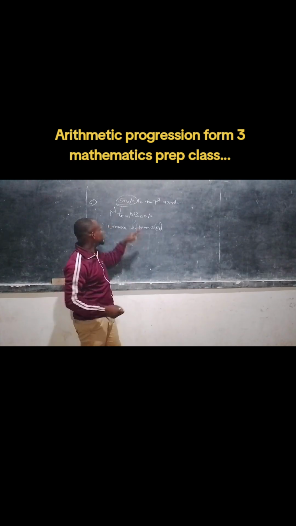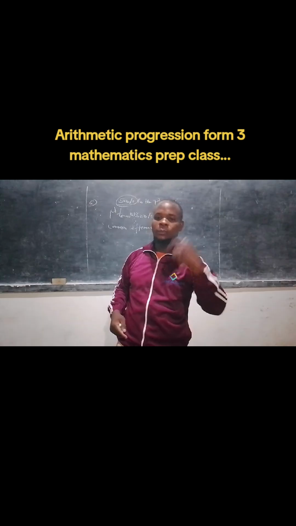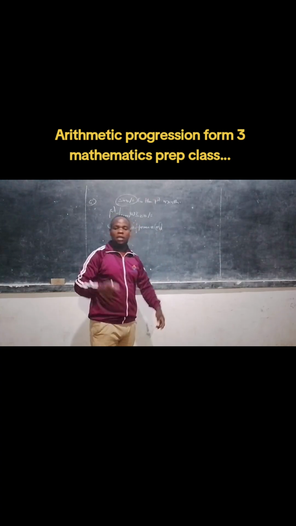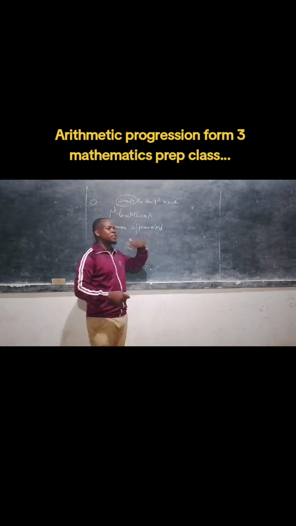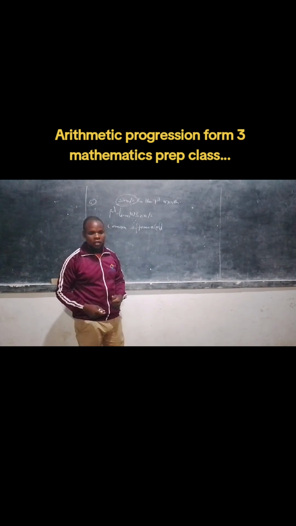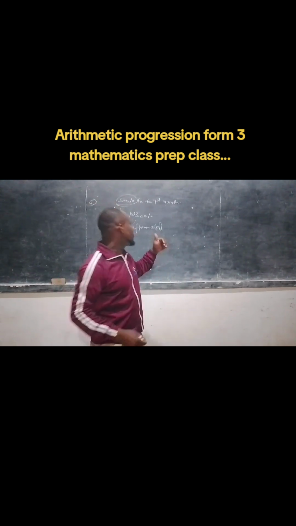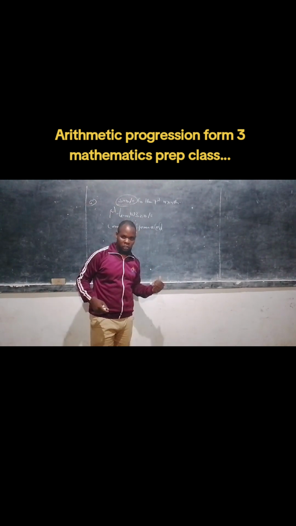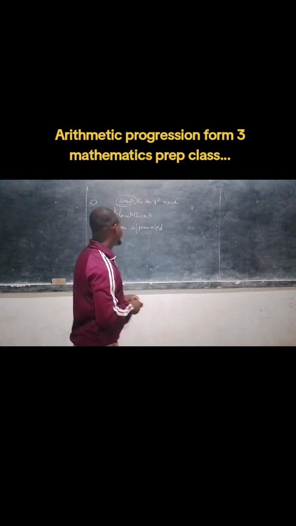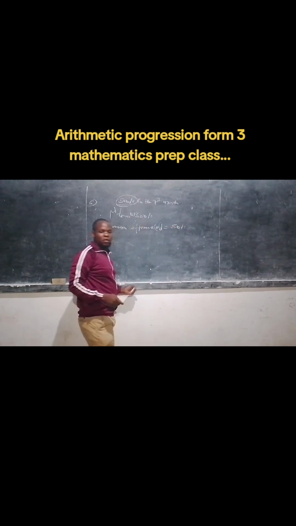So in the second month, she deposited 500 plus 50, which is 550 shillings. In the third month, 550 plus 50. So our common difference is 50 shillings.